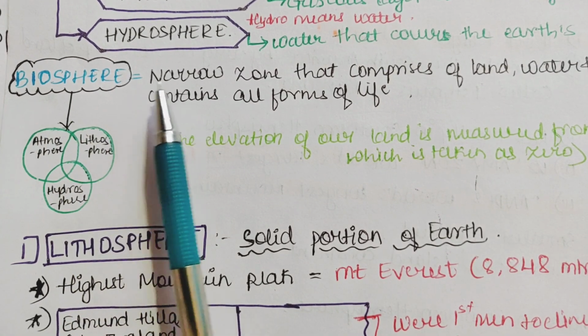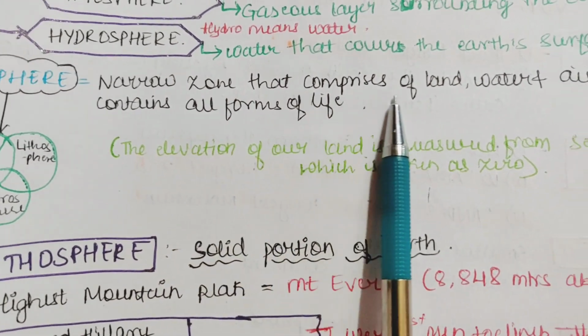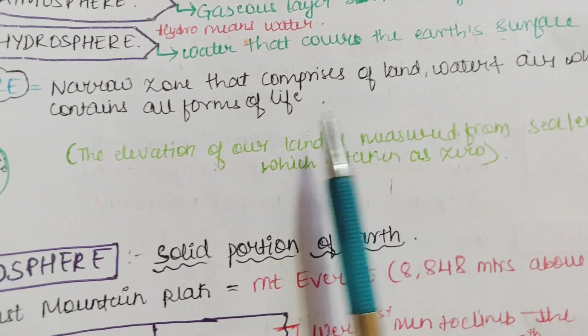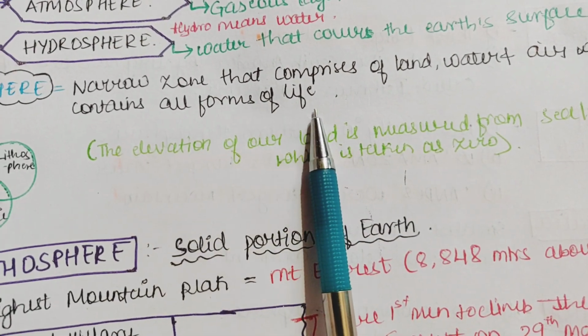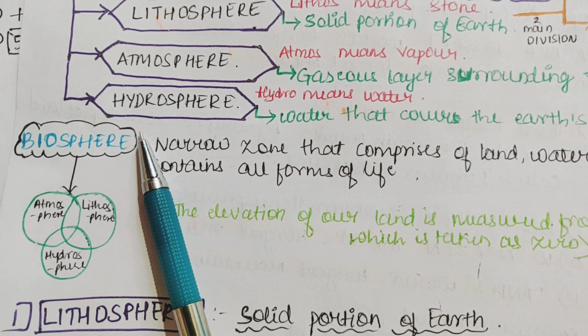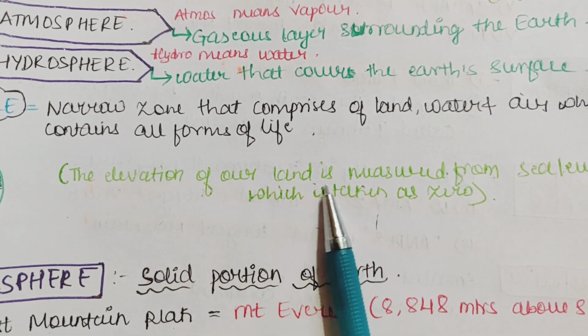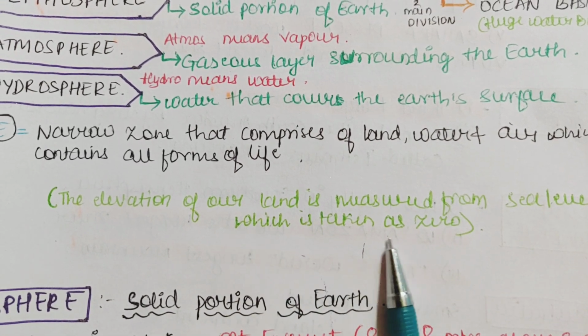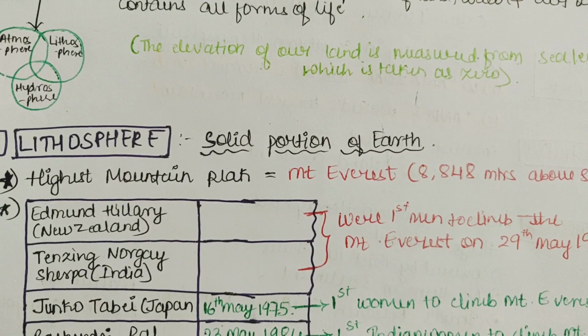Biosphere. The narrow zone that comprises land, water and air, which contains all forms of life, is known as the biosphere. The elevation of our land is measured from the sea level, which is taken as zero.